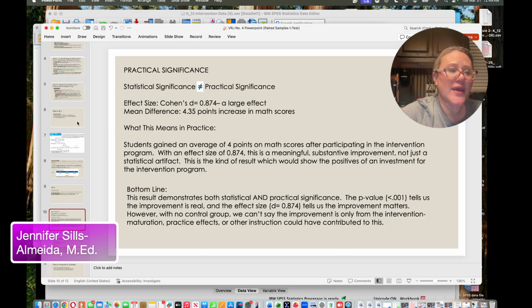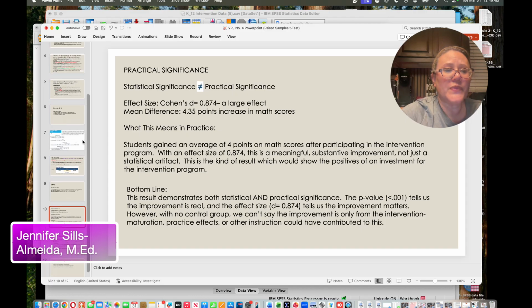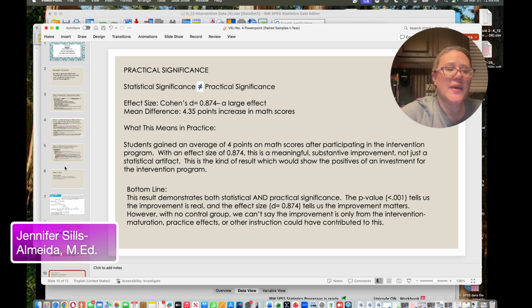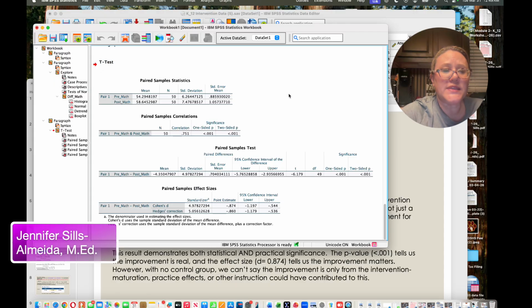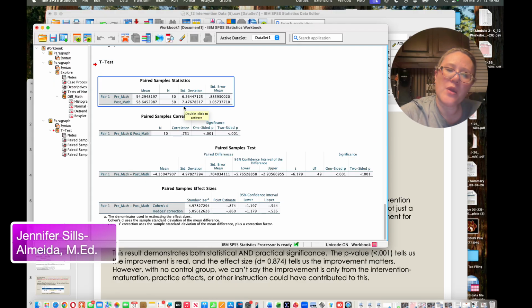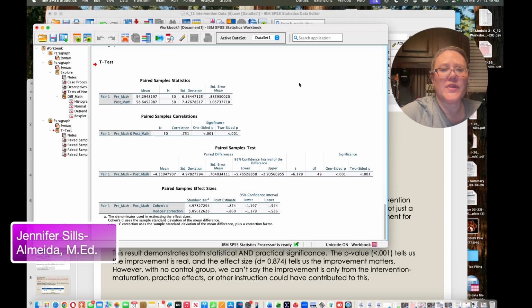Hopefully that all makes sense in regards to how that's playing out. So again, to run through the t-test one more time, I was on PowerPoint because I wanted you to see all the wording and how it all comes together.